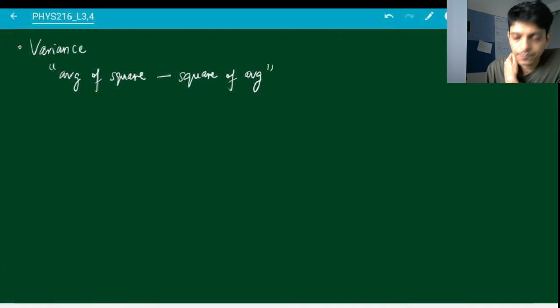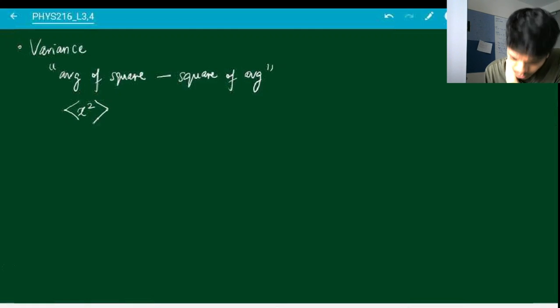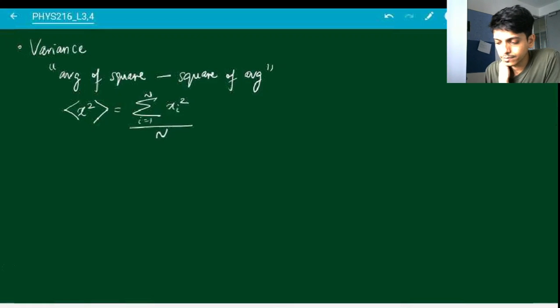What is the average of the square? Once again you have all your xi's, and you define the average of the squares the same way as we saw last time on the previous page. So this is the average of the squares of x.